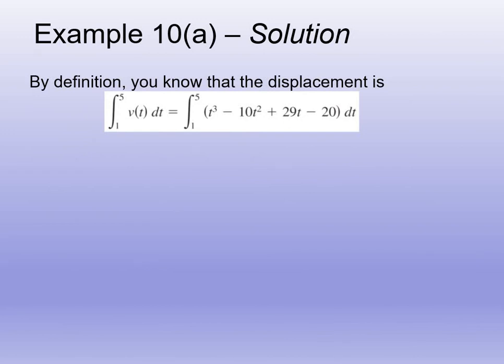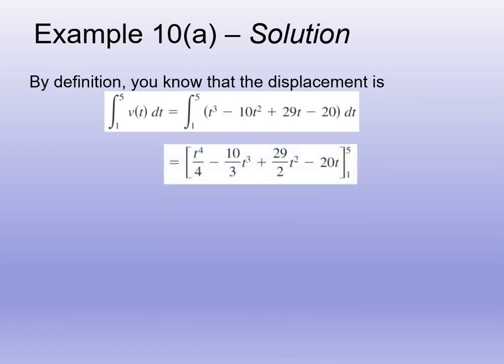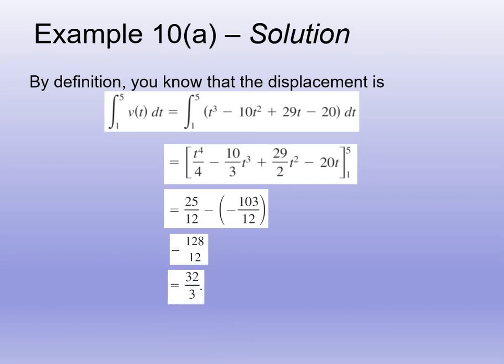If we want to find displacement, we're just going to integrate, using the fundamental theorem of calculus. We're going to find the antiderivative of everything and then evaluate it from 1 to 5. Make sure that we're accurately finding the antiderivative, evaluating from 1 to 5, and simplifying everything down, and we end up getting the final solution of 32 over 3.